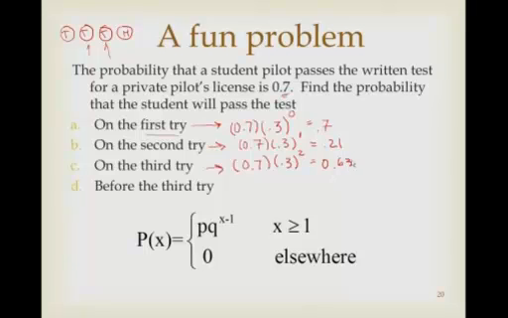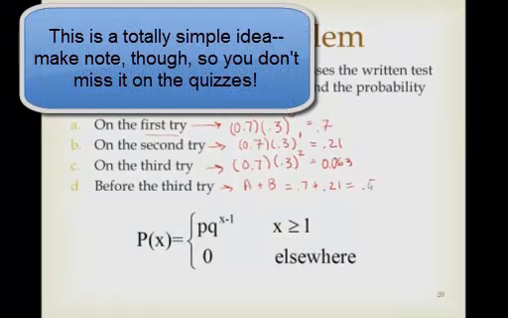So you can see chances are pretty good you'll get it on the first try. If you don't get it then, chances are good you'll get it on the second. And passing before the third try just means adding A and B together. So it'll be 0.7 plus 0.21, which is 0.91. So nothing too bad.